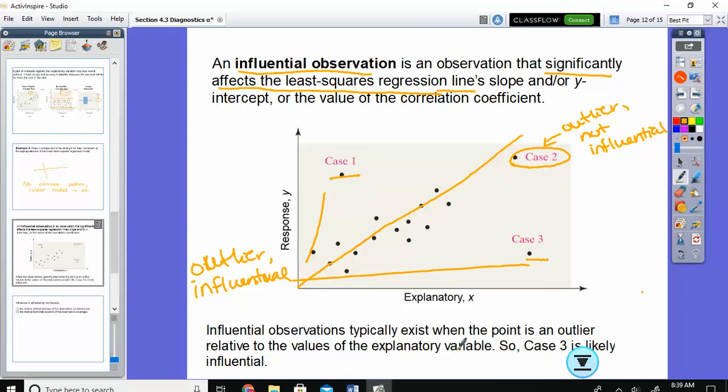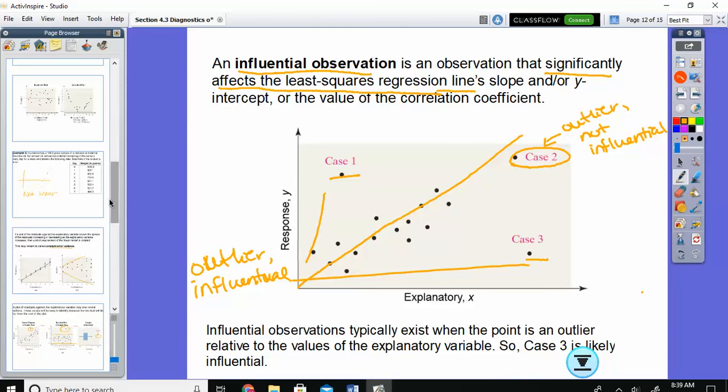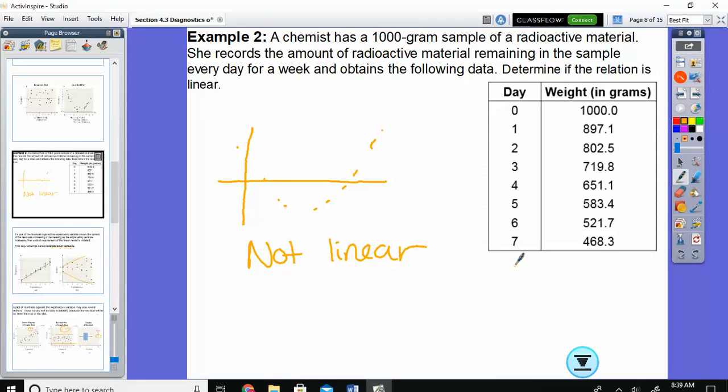Okay, let's do... All right. This is annoying, but let's go back to this set of data that we already had, and I'm going to throw in another point. Okay, so let's say we have day 8 and 120.